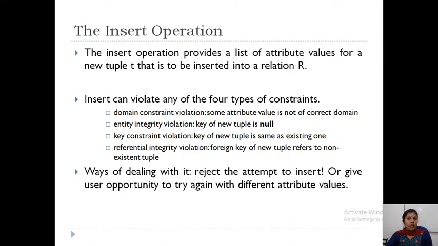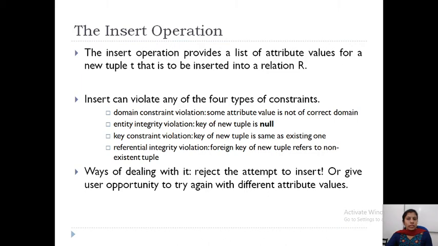Entity integrity violation: the key of a relation should not be null, right? Suppose you are giving a null value for the primary key, then entity integrity is violated. Then key constraint violation: if you are giving the same value for the new tuple, that means the primary key is repeating, then a key constraint violation will happen.